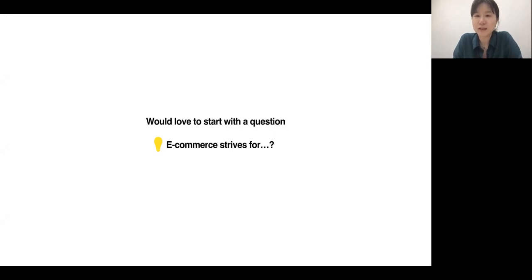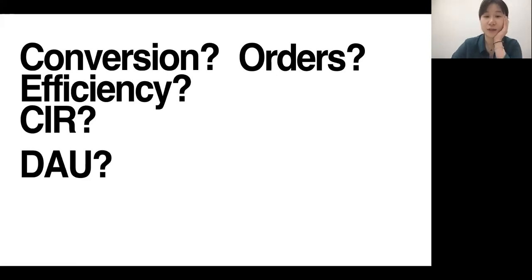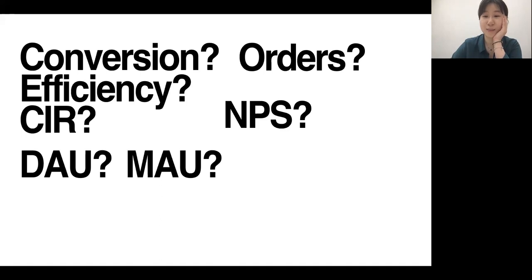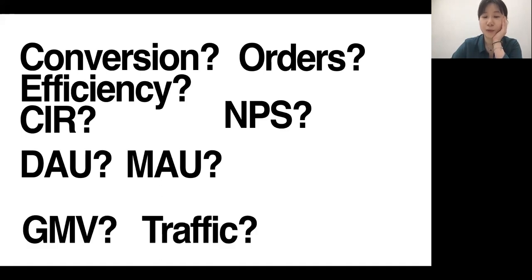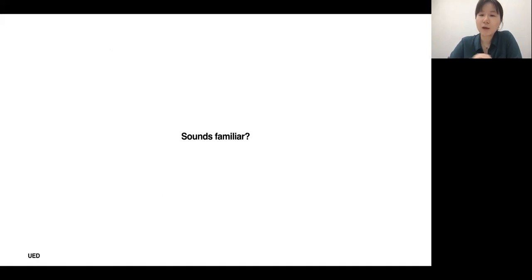In a lot of cases, people think of things like orders, conversions, efficiency, costing, returns, DAU, NPS, MAU, GMV growth, traffic, assortment, all those different concepts and different KPIs as we usually refer to them. Those sound really familiar to you guys, right? So what do those mean?